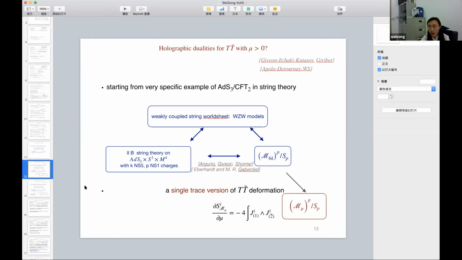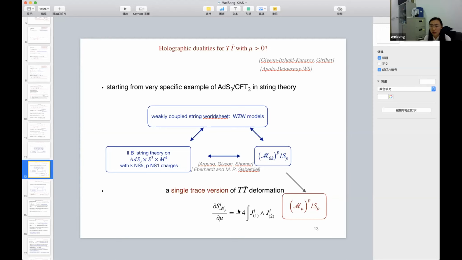Before, I was talking about this double trace deformation. Actually, a TTbar deformation, one can say that indeed by definition it is a double trace deformation. Then you could ask me, what do you mean by a single trace TTbar deformation? So here it's defined as follows.